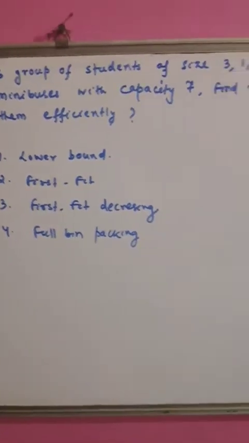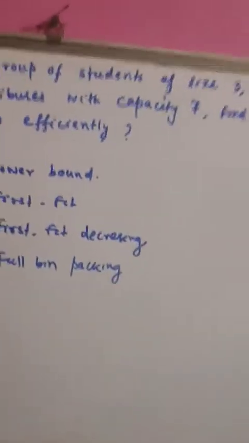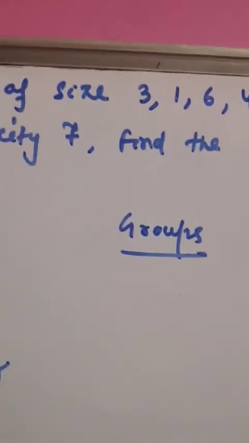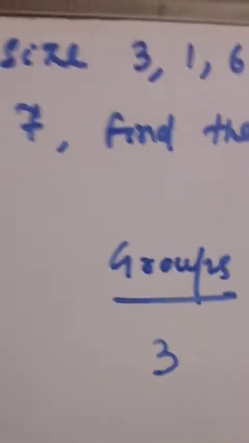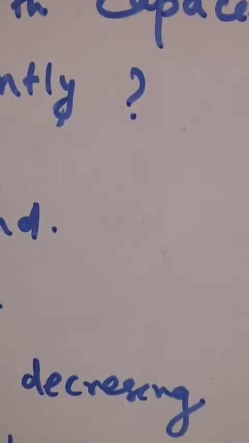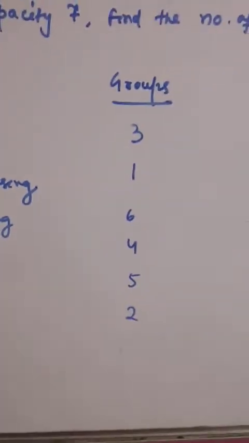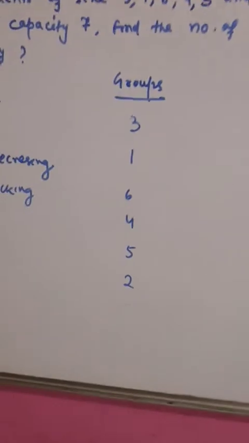So let us divide this problem into 2 parts. First is the given groups. We have one group of size 3, then 1, then 6, then 4, 5 and 2. These are the group sizes.